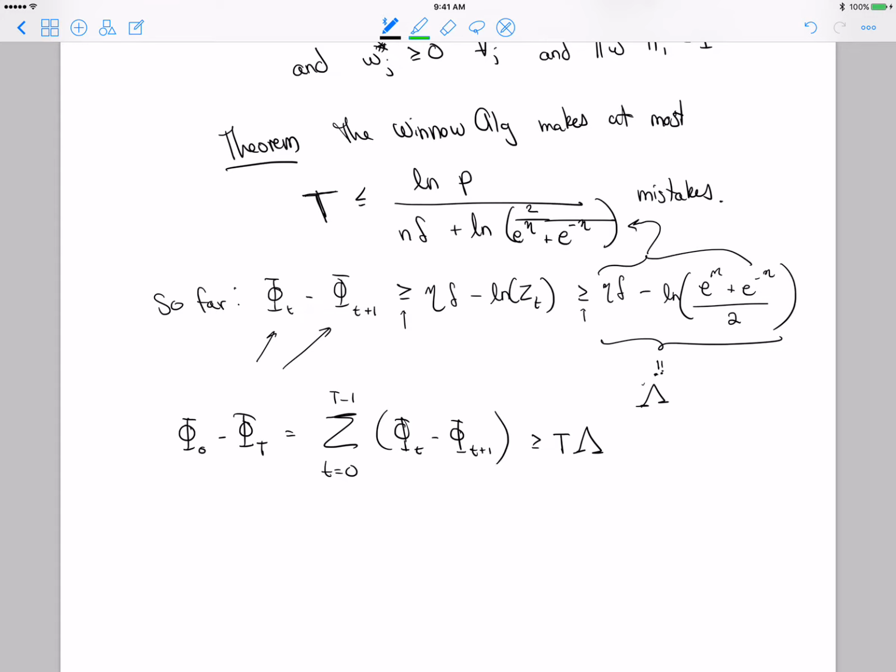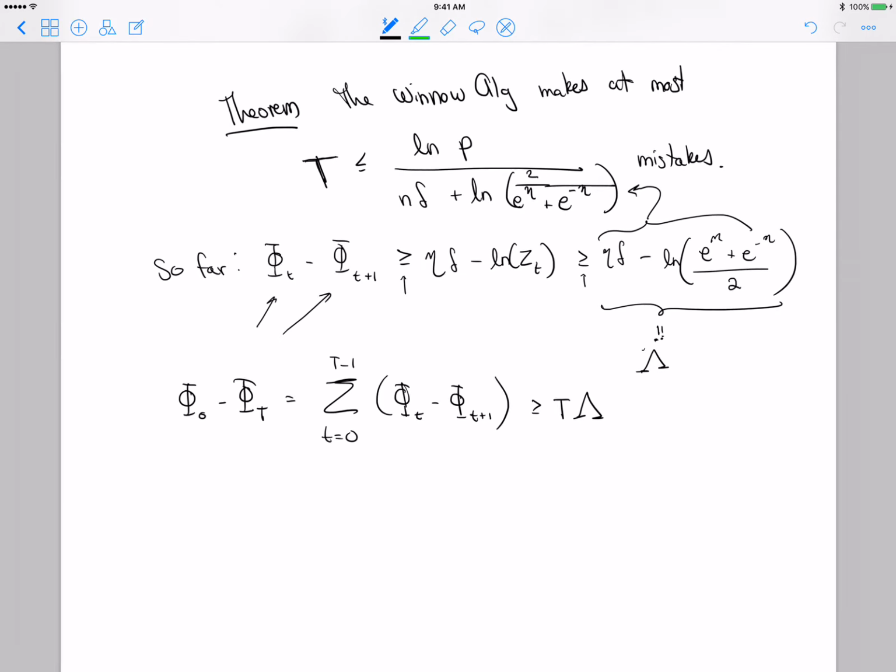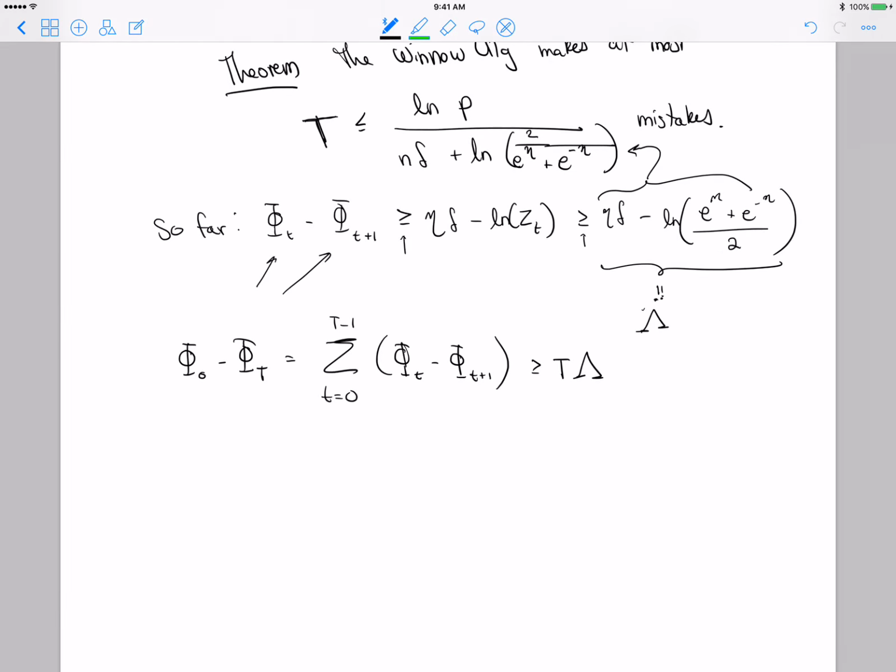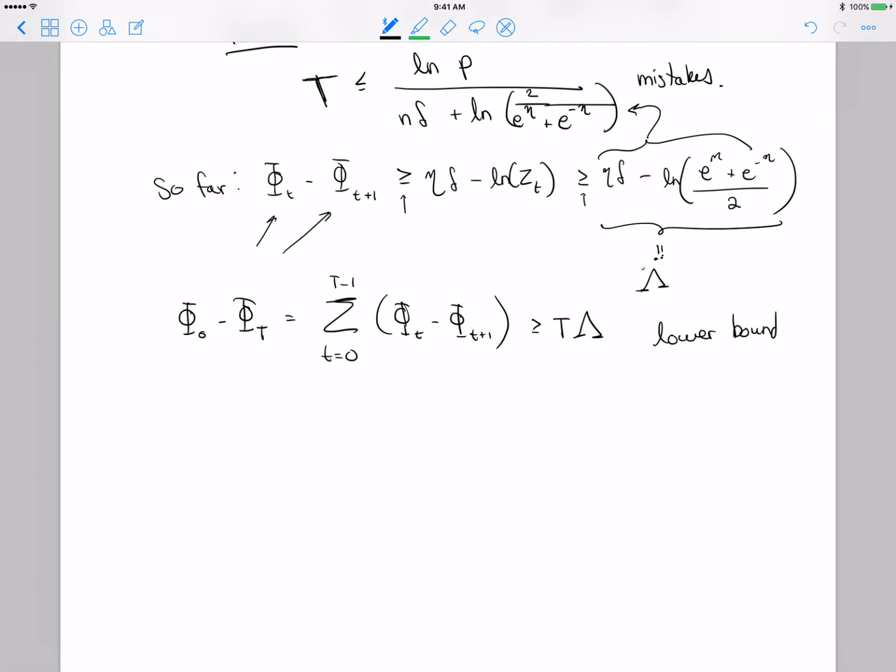And this is the lower bound. So the next step is actually to create an upper bound. So this is a lower bound, and then we'll create an upper bound. So the upper bound is, I'm going to look at this guy again. Greater than or equal to, now guess what?